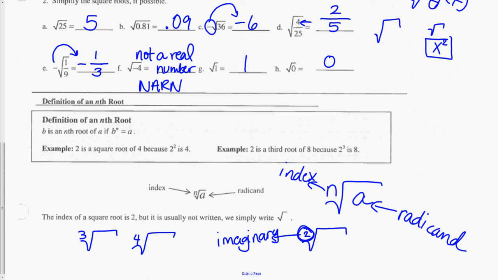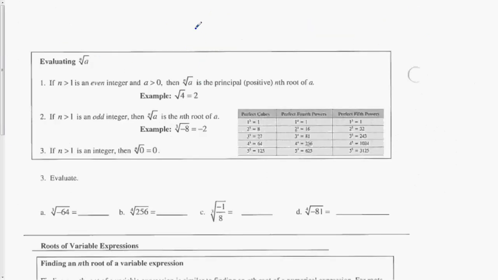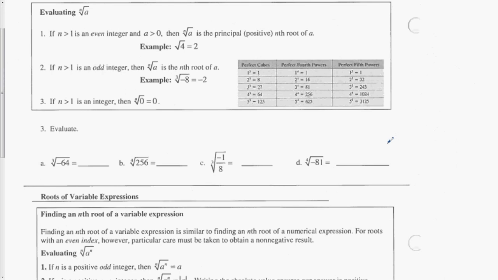All right, so let's look at the next page. Now, this is a good little chart to have. I'm going to post in Blackboard a longer chart that gives perfect squares, perfect cubes, and perfect fourths. I think it's even got perfect fifths on there.